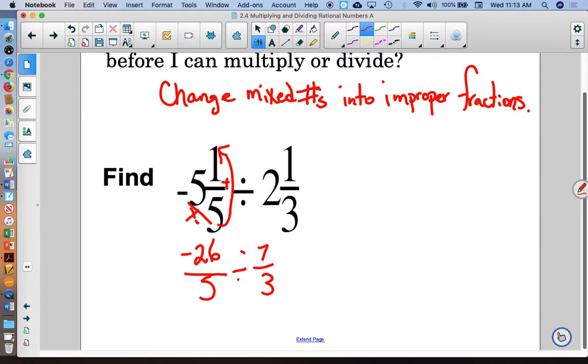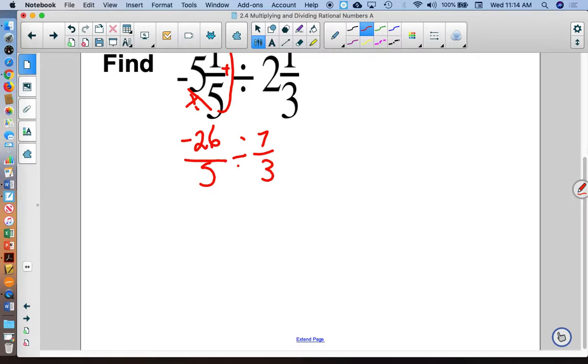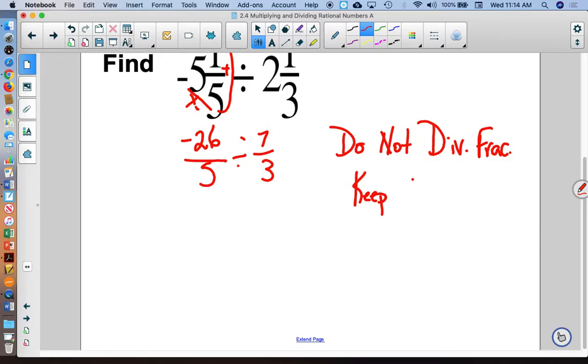Now, do I divide fractions like this? No. You keep, change, flip. Do not divide fractions. We want to keep, change, flip.